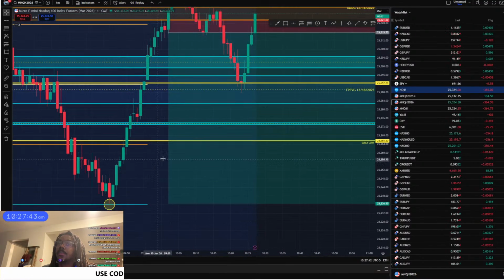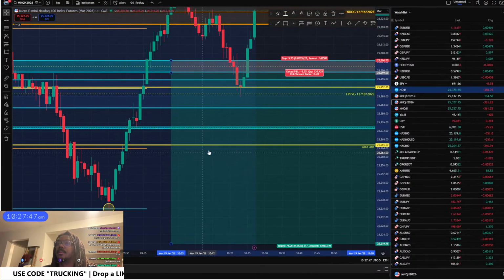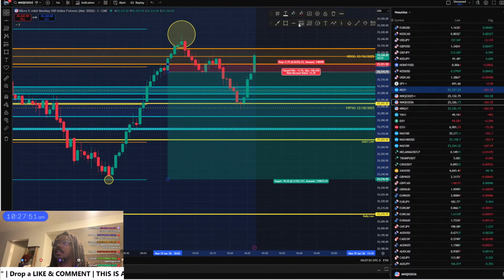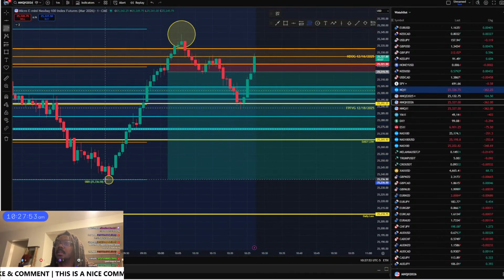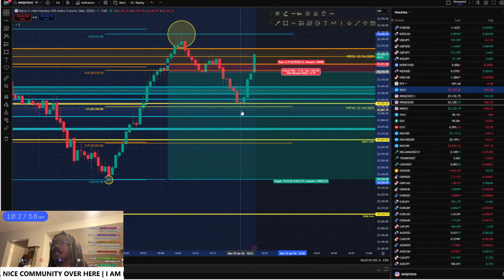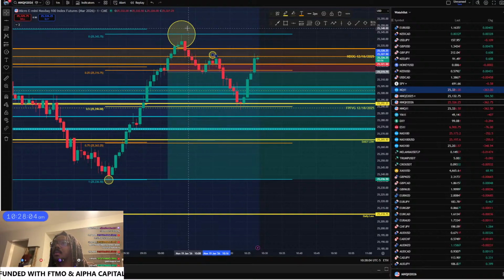And if y'all remember, I said we're going to be looking for a range inside of here where we could have taken a buy. But look at that. Price came right down to discount, bought right back up. Now it's taking out this liquidity and is aiming for that liquidity up there.